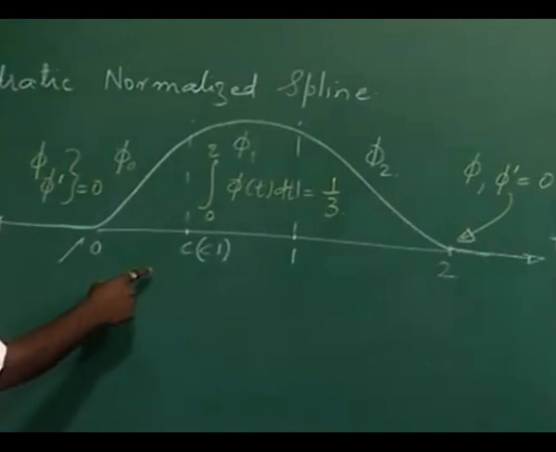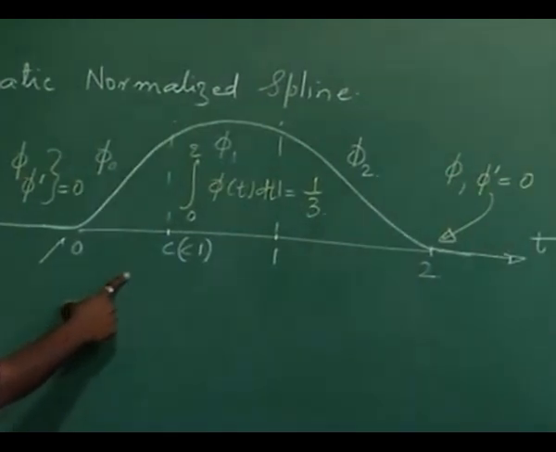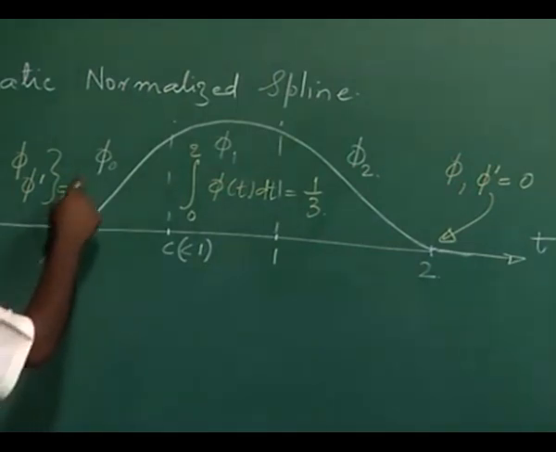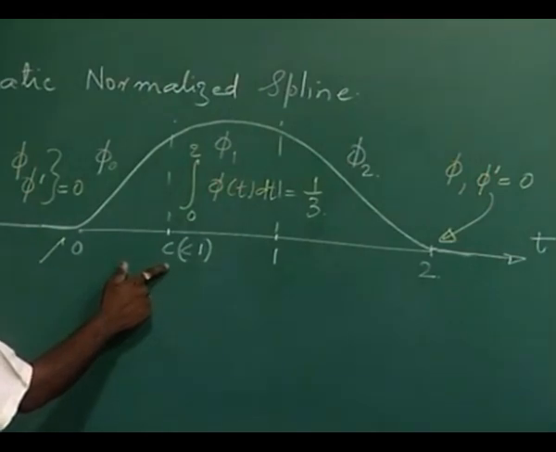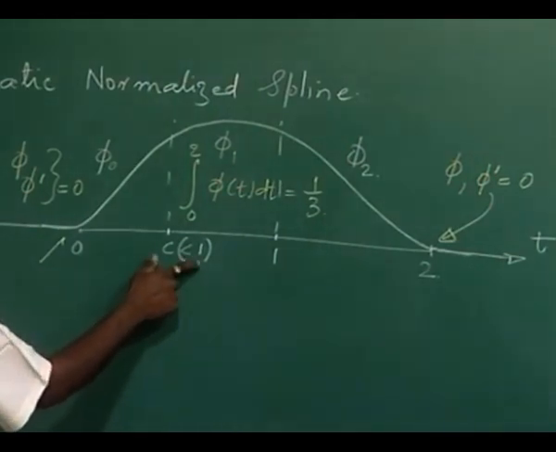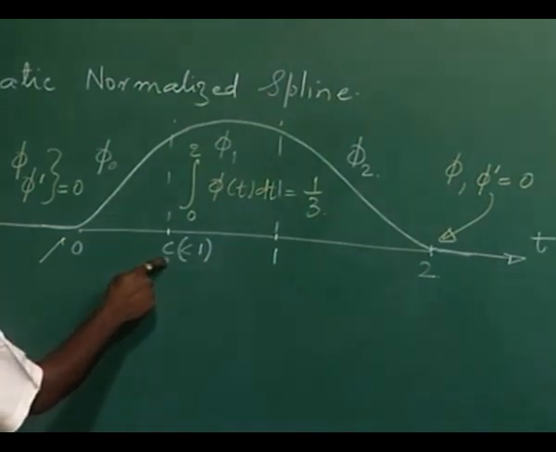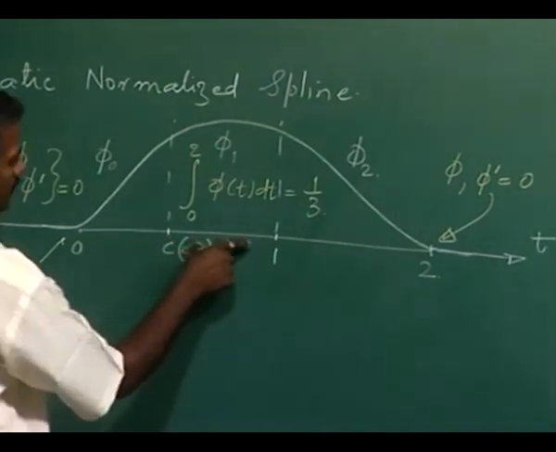So this is what the idea is. We are trying to do an experiment. We are trying to construct quadratic normalized spline with arbitrary value of this knot here, C, which is smaller than 1, so that C happens to be a simple knot, and these are simple knot spans.